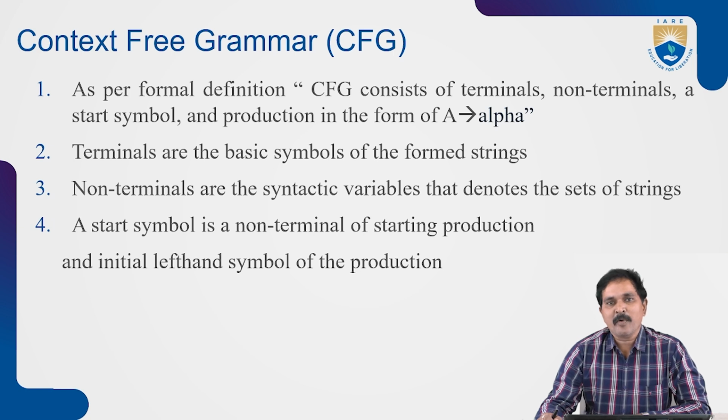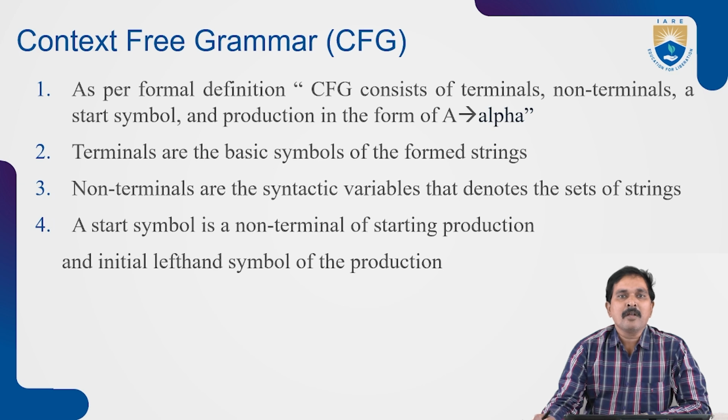In any particular variable defined in the grammar production, there are no left context and right context. So there is no left and right context in the grammar rule, and then it is totally called context free.